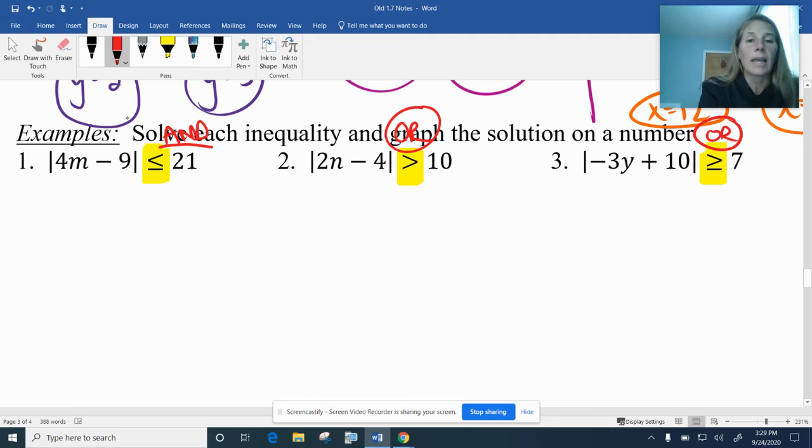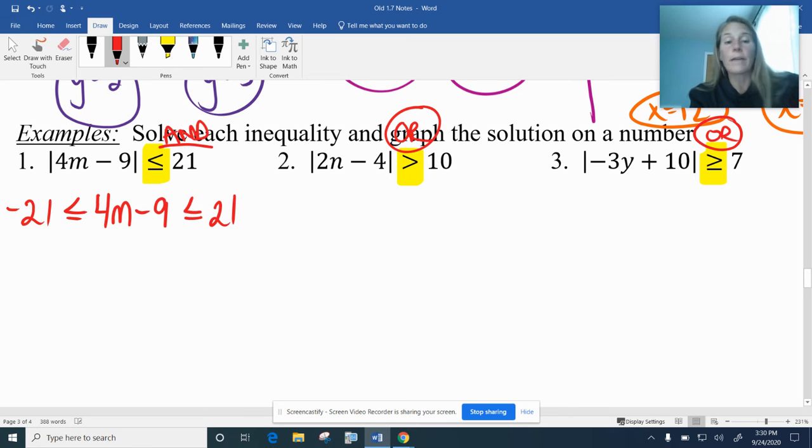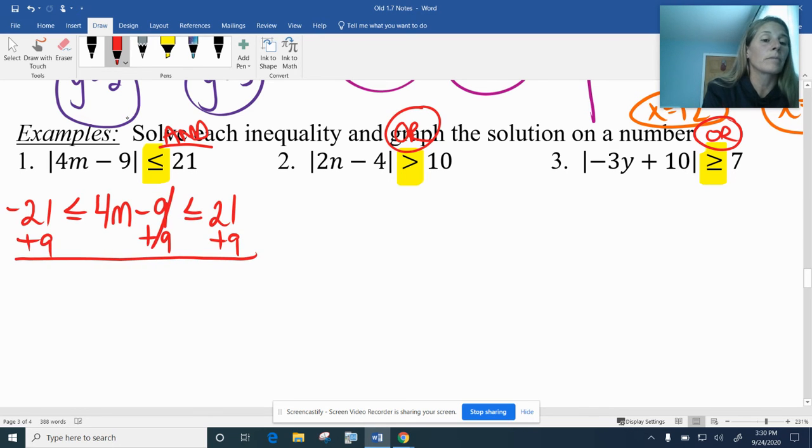So the first one's an and problem, so I'm going to put my 4m minus 9 in the middle, my less than or equal to 21 on the right, and then I'm going to match that inequality sign with the negative version of my 21 there. Now we're solving for that variable in the middle. So if I'm going to add 9, I got to do it on both the left and the right sides.